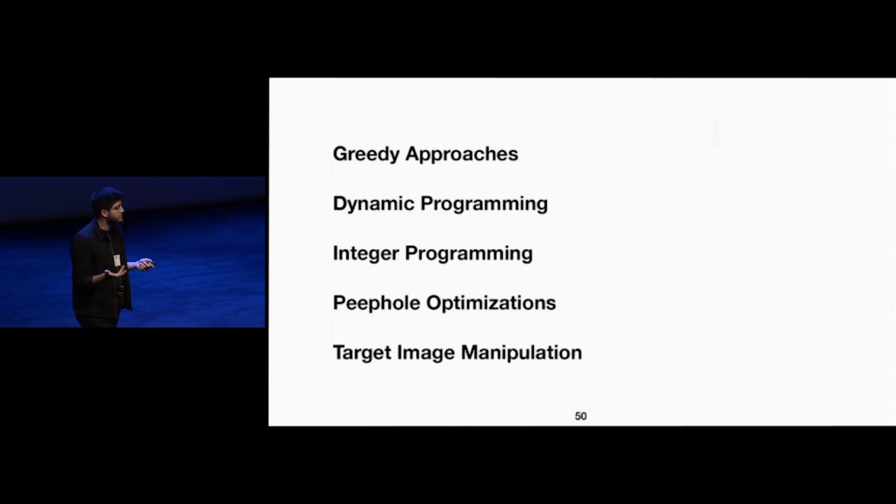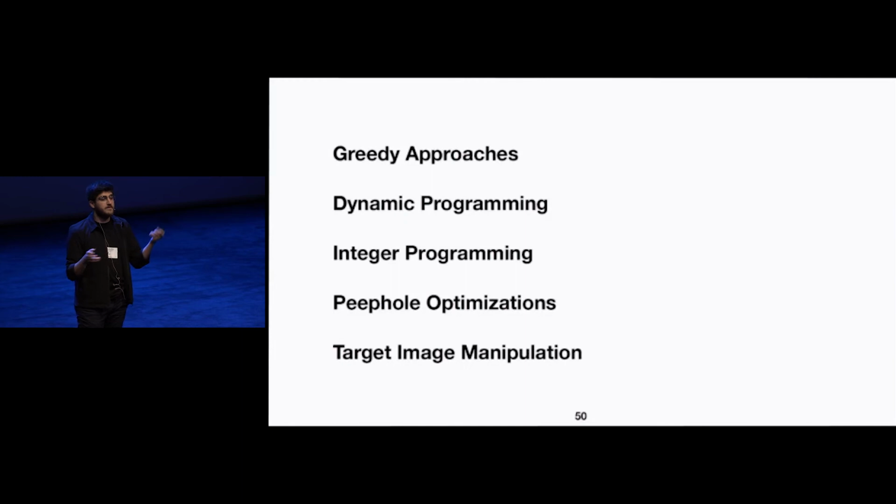Some teams did integer programming, and I like the last two a lot, because I thought of them, but I don't think anybody would actually write them. The peephole optimizations exist because these automated solvers sometimes generate unnecessary instruction sequences. So some teams identified these and did a second pass over the instruction sequence and deleted those.